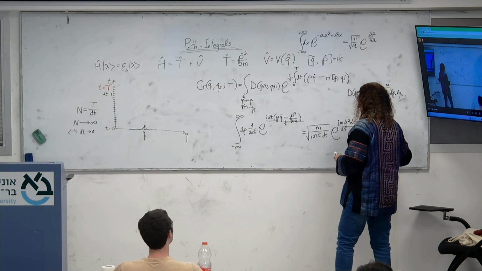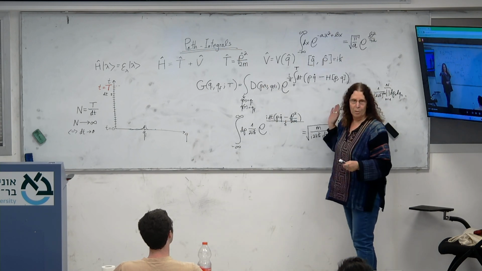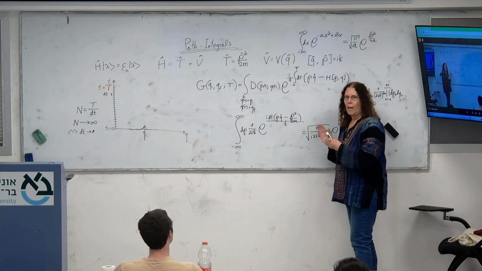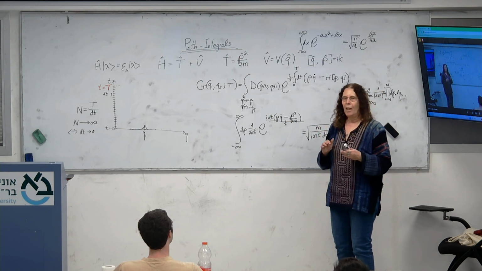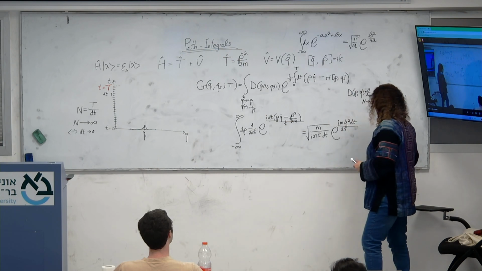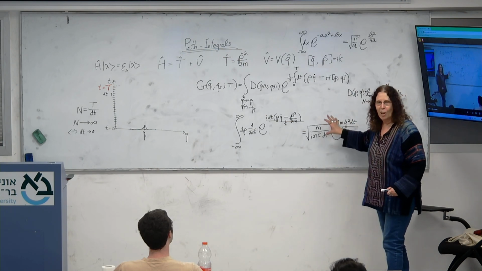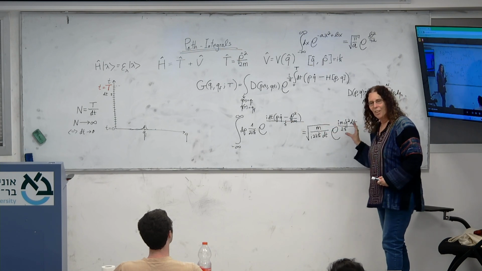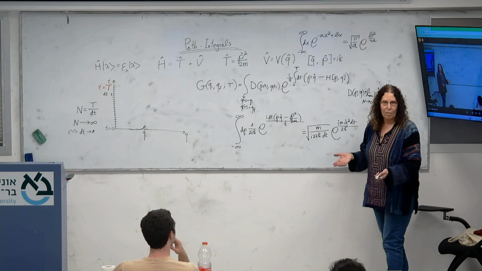So after doing this integral for all the time steps, at each time step I eliminate the p dependence, and I'm left with something that in the exponent will now have the kinetic energy minus the potential energy. And that's indeed the Lagrangian, right?